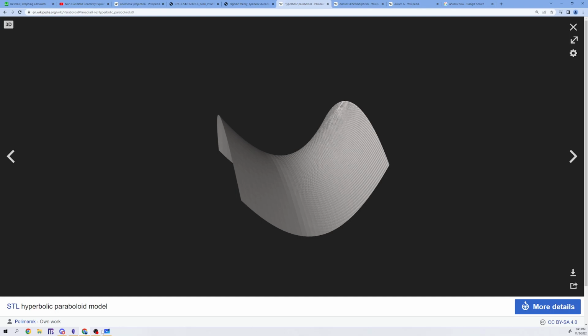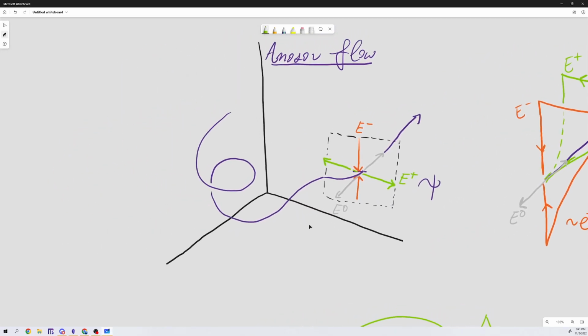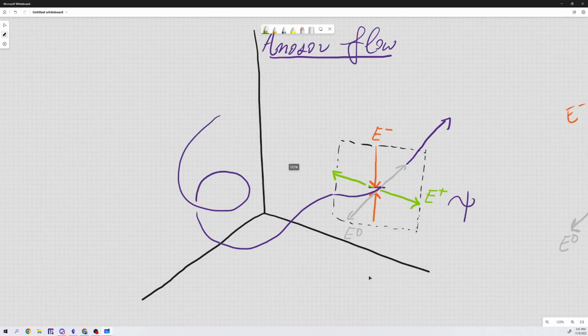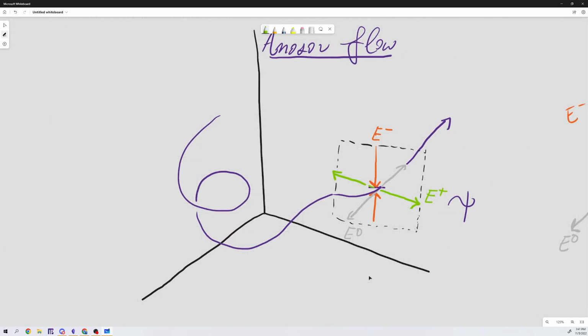So the idea of an Anosov flow is to capture this idea. We have this trajectory curve that moves along throughout space, and you can view that compression and expansion as two forces acting on it. I have a particle that moves through space for time t.